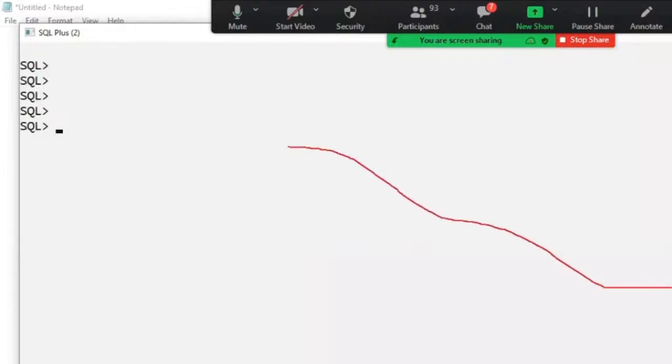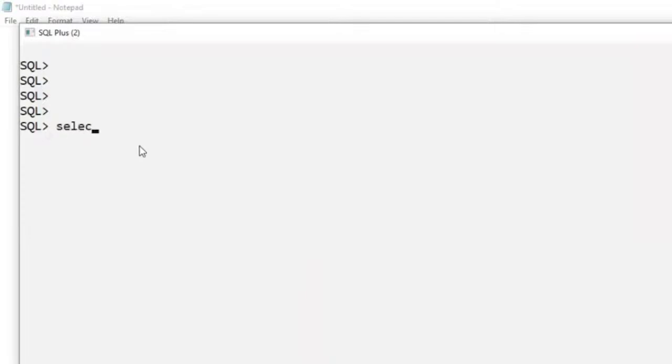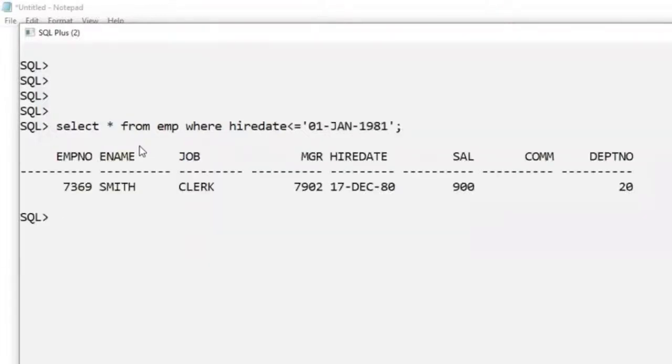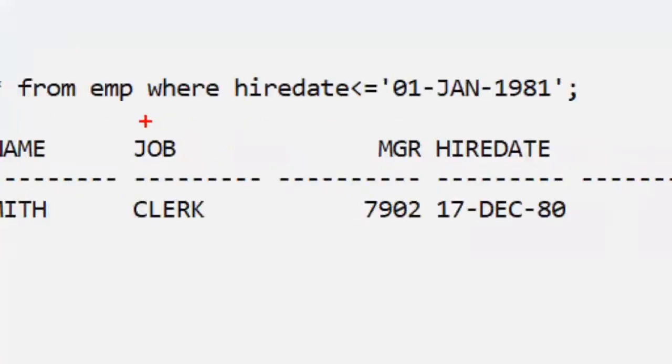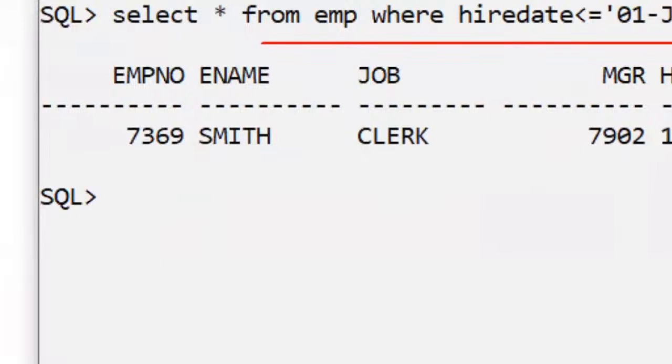How do they fetch this data? They write queries. These are called queries. Observe here: select star from table name where hire date is less than or equal to 1st January 1981. Just by writing the query, the data is automatically displayed. With a single line of code, the employees who joined before 1981 are automatically retrieved from the database.